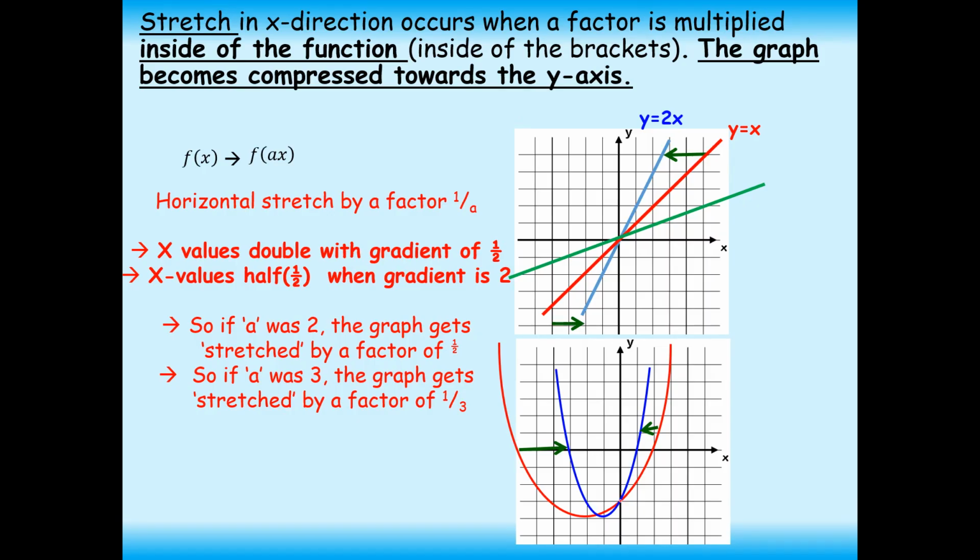Notice the graph when we put a 2 inside of the bracket: the point where it has the y-intercept is fixed on the y-axis. Notice that point is fixed. It will just make the x values closer to the y-axis.